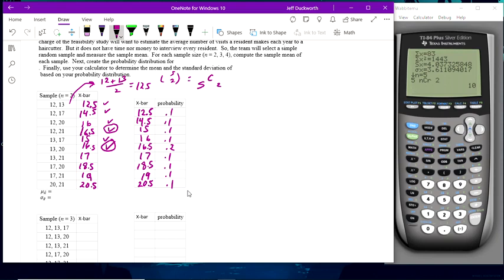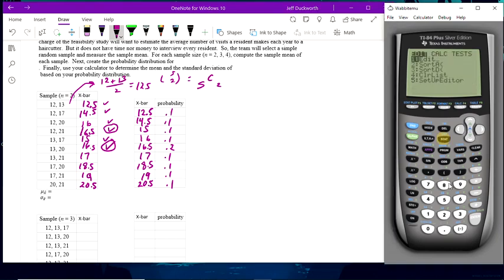We're going to put these values in our chart here into our calculator. So let's clear out these two lists and enter the values. So we have 12.5, 14.5, and so forth.